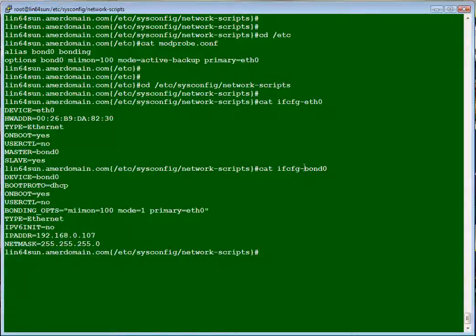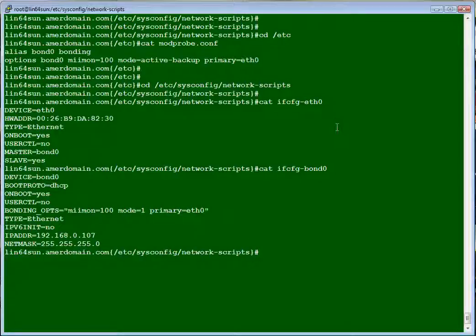So this bond0 is created from Ethernet 0. Right now in our case we have only Ethernet 0, but if you have more network cards, you can add them. You can create ifcfg-ethernet1.